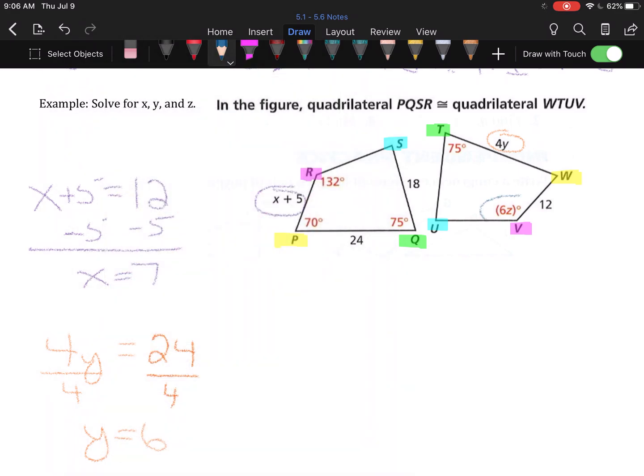And then we have z, 6z specifically, and that is the pink angle, which means it must be the same as the other pink angle, which is 132 degrees. We just got to divide both sides by 6 to find that z is 22.